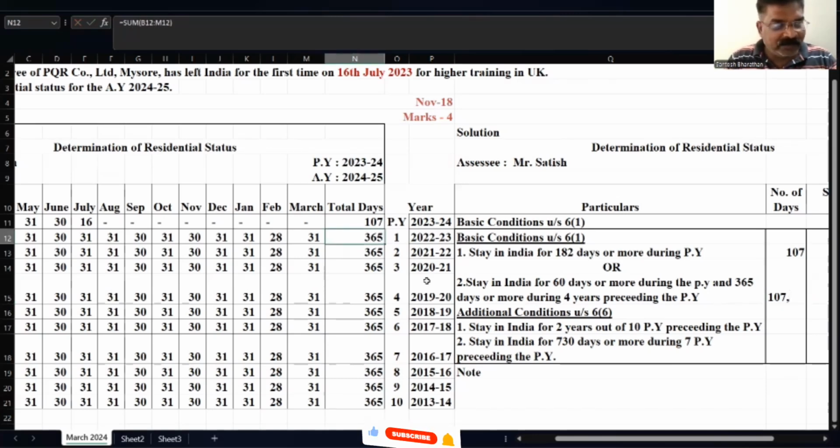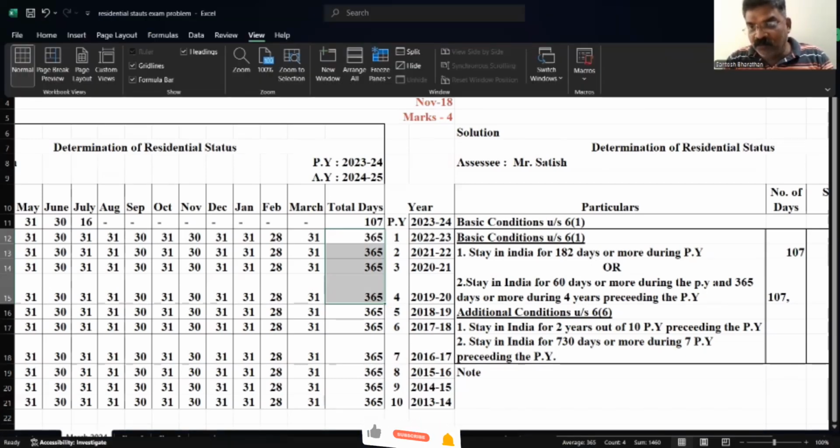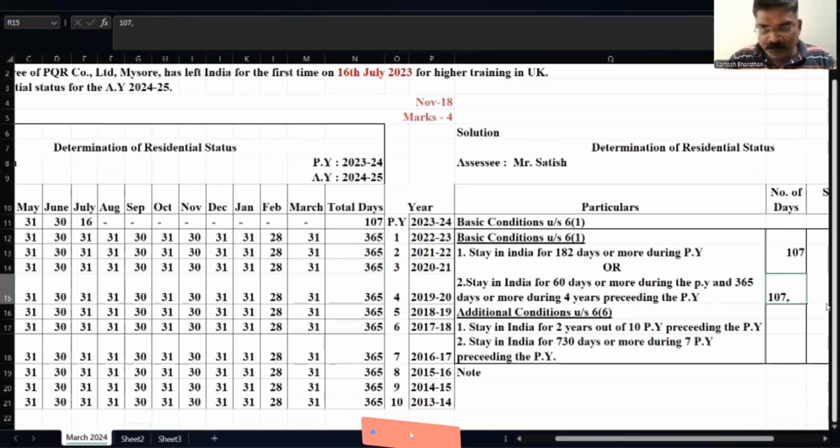We have to leave out the previous year. He was present 365 days in the year 22-23. Then he was present in 21-22, 365, then 365 in 20-21, and 365 in 19-20. If I add up all, I get the number of days as 1460.